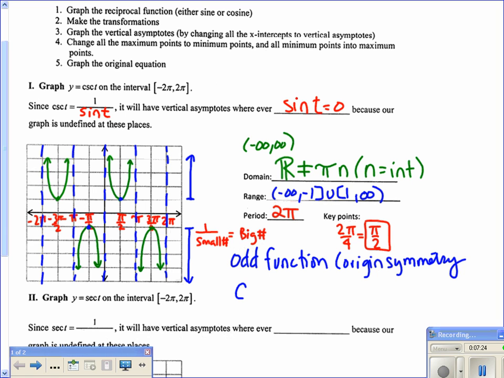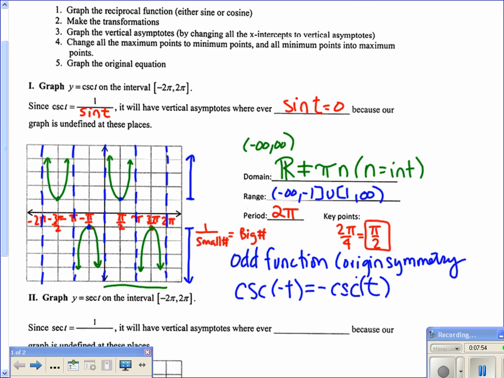And that means that the cosecant of negative t would be equal to the negative cosecant of t. And that would be for this. And again, notice that one cycle for my graph is from 0 to 2 pi, and then it's going to start repeating. So this is what my parent graph for cosecant looks like.